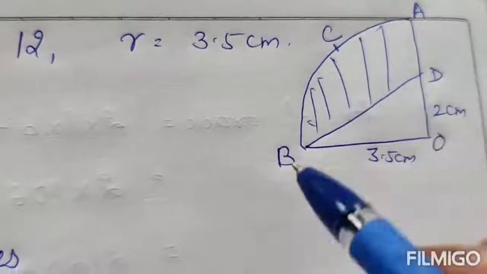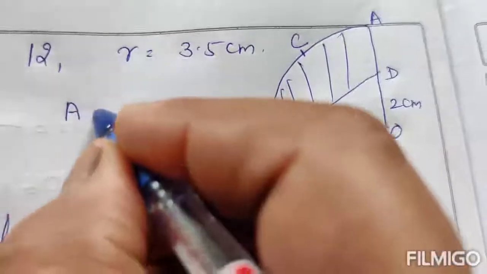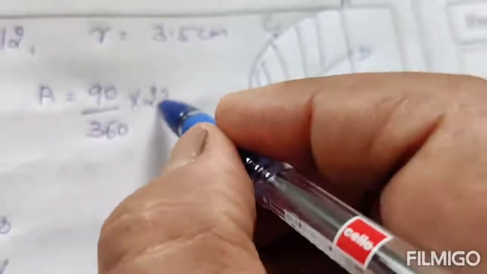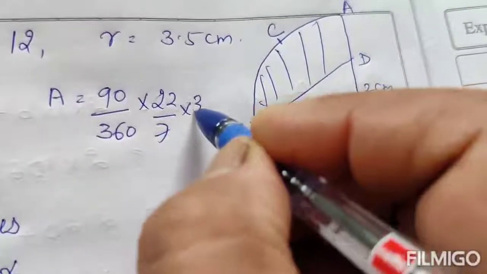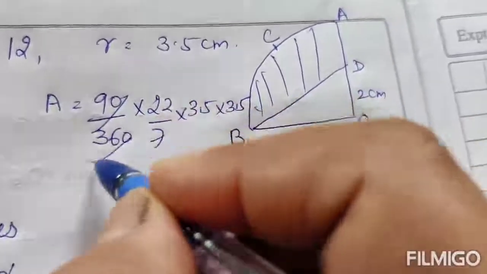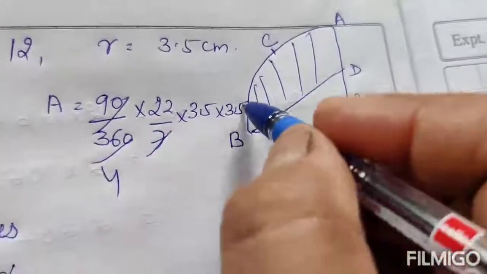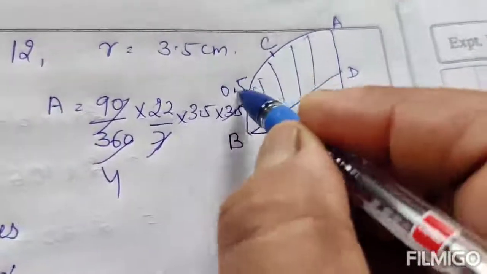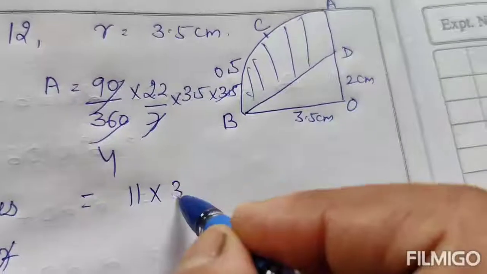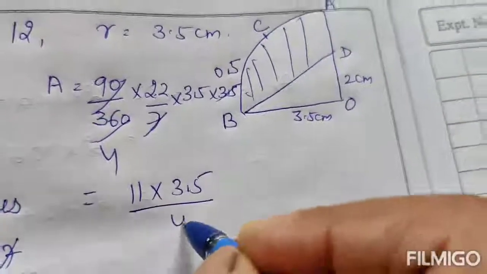The area of the quadrant equals theta by 360. For a quadrant, the sector angle is 90 degrees. Pi is 22 by 7 and r square is 3.5 into 3.5. Cancelling, we get 11 into 3.5 by 4.